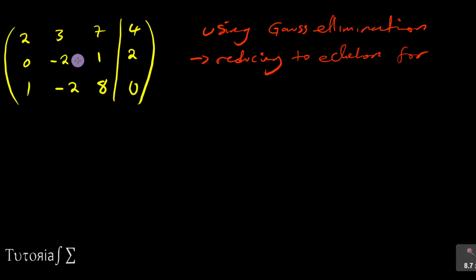Let me just say below each leading element there should be a 0. It's more like an upper triangular matrix. So we need to make this part a 0, this part a 0, that part a 0, and we form an echelon matrix, which is just an upper triangular matrix.